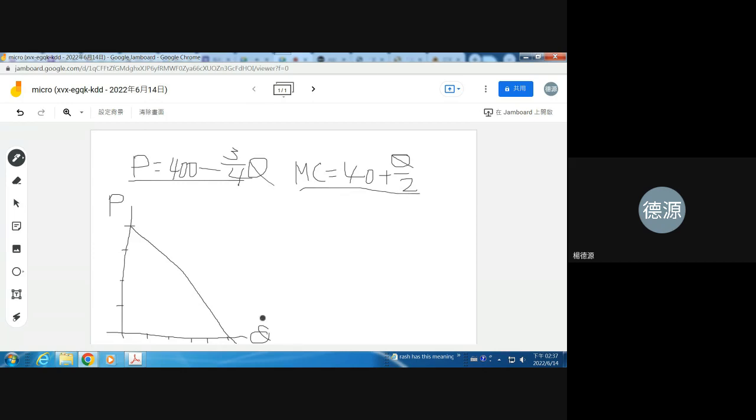marginal cost first. So if it is 40, right? And then how much is going to be? Anyway, something like this. Okay. So this is MC. And this is demand, which is equal to AR.